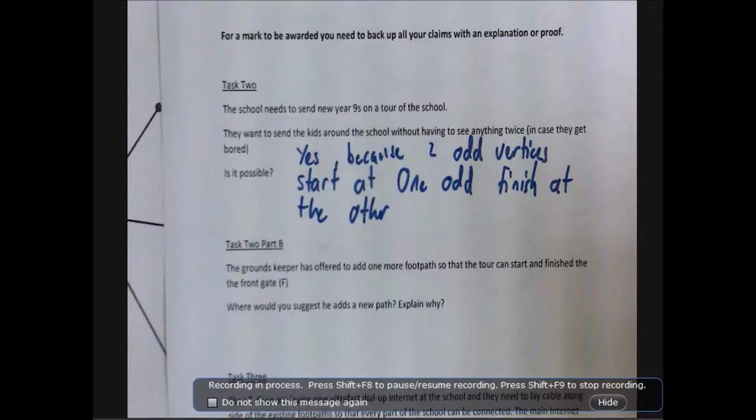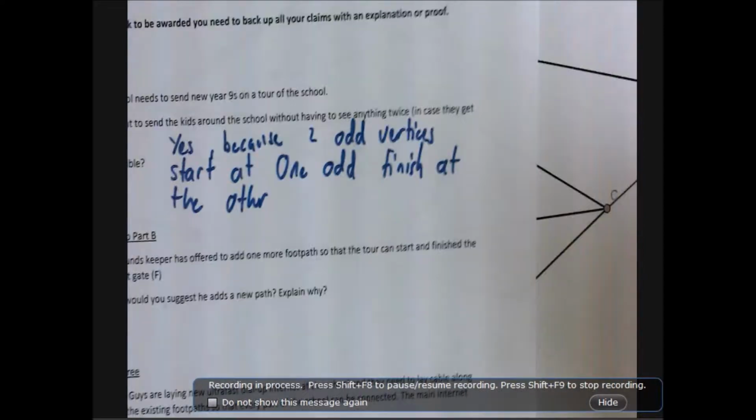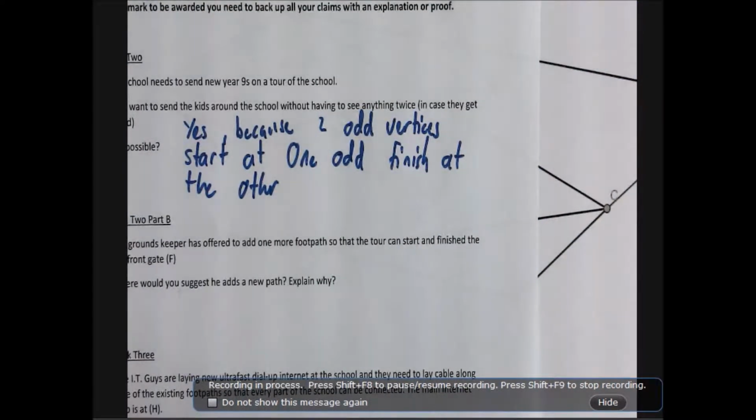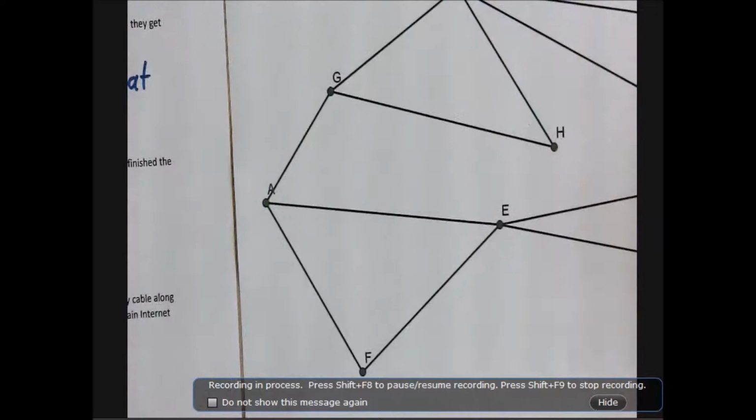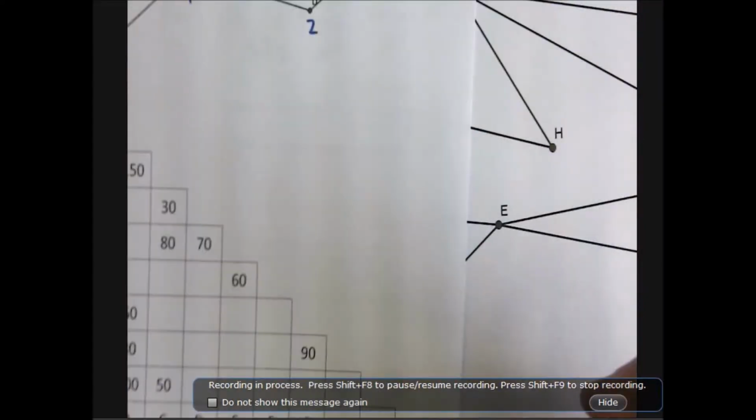Okay, we can start at one odd and we can finish at the other. So now I have to plot my traversable path, starting at one of the odds and finishing at the other.